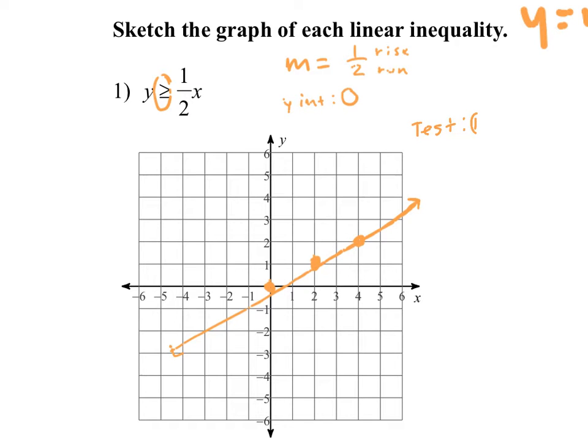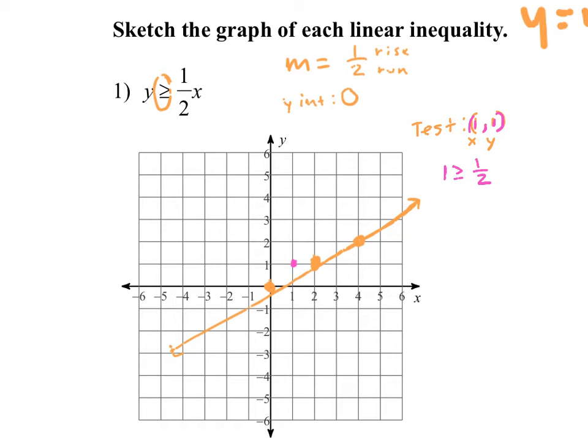And 1, 1 falls above our line there. So we're testing point 1, 1. So we have 1 is greater than or equal to 1/2 times 1, which is just 1/2. Is 1 greater than 1/2? Is this true?